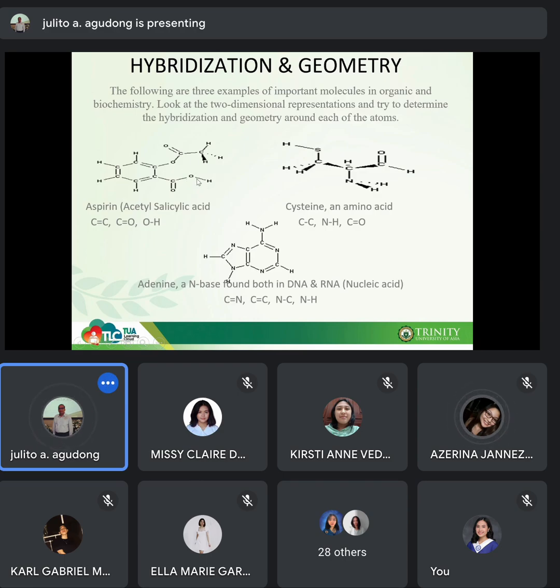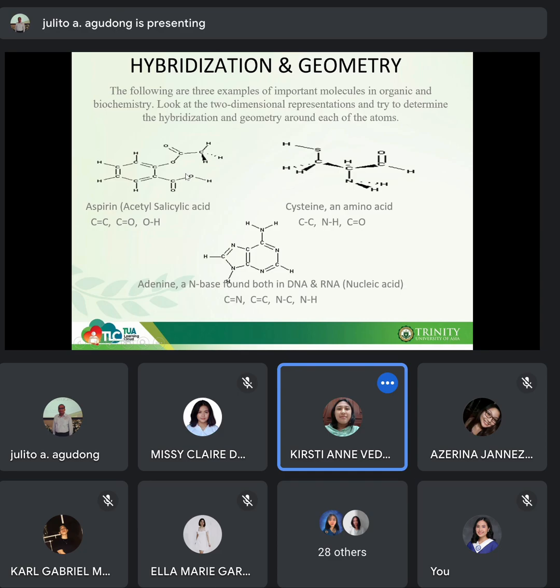What is the hybrid of the oxygen? sp, sp3, sp2? sp3, correct. What would be the geometry of this molecule?